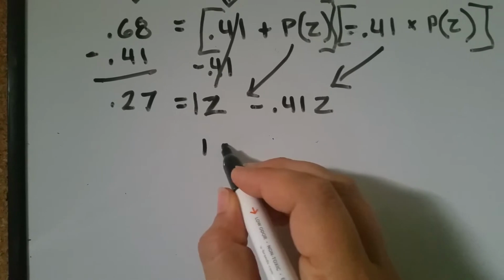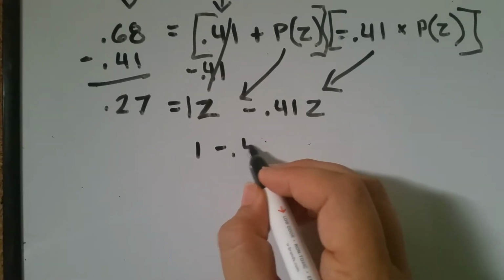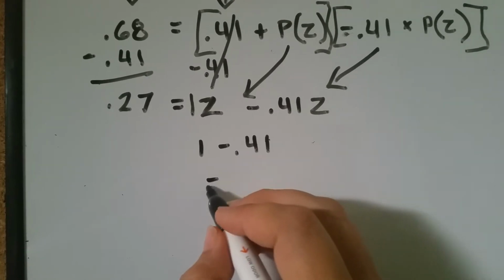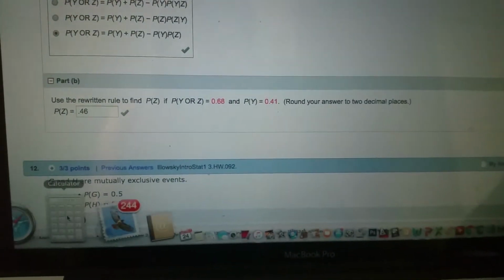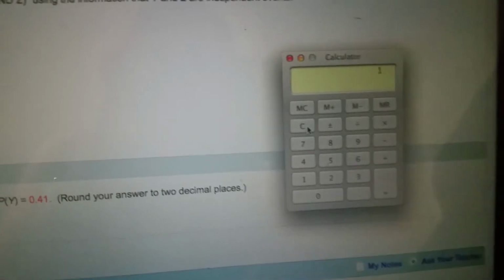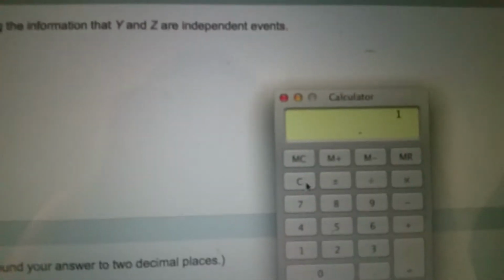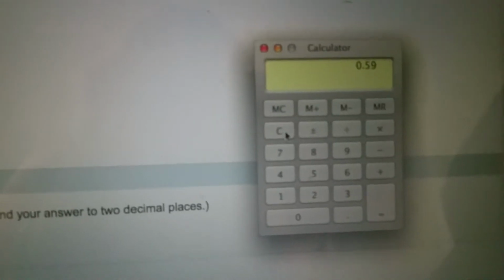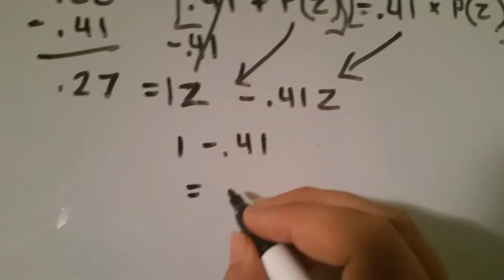So 1 minus 0.41 equals, and I need a calculator for that, 1 minus 0.41 equals 0.59.